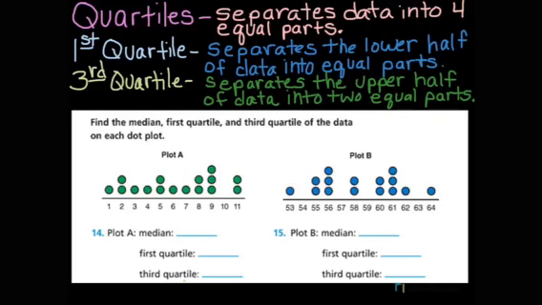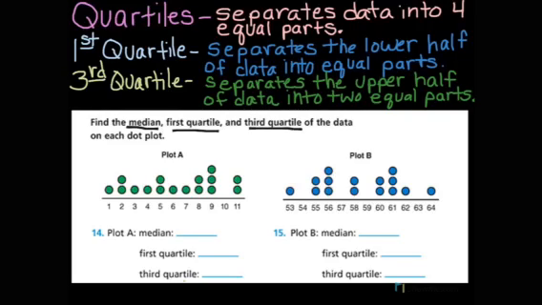To begin, we're going to look at plot A. We need to find the median, the first quartile, and third quartile of the data. So when I look at a dot plot, the first thing I'm going to do is actually write the value of each dot. This is going to help me because we are looking at a larger set of data than we're used to.